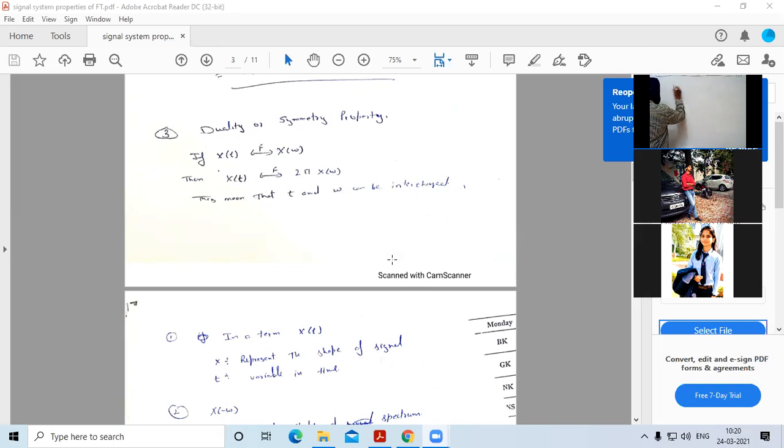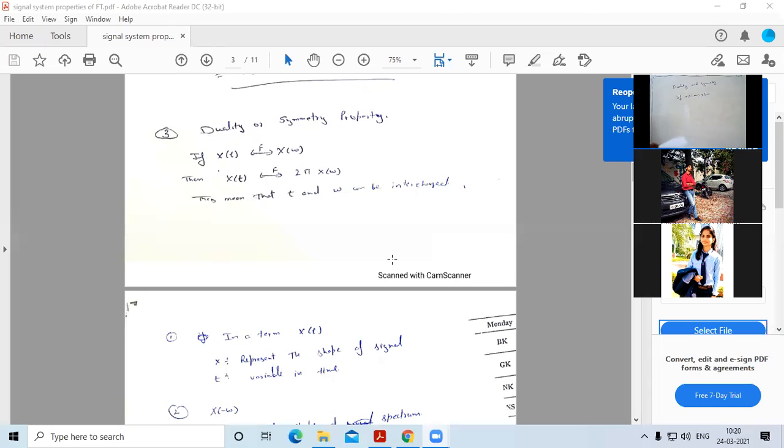So this property explains that if we are having x(t), its Fourier transformation is X(omega).